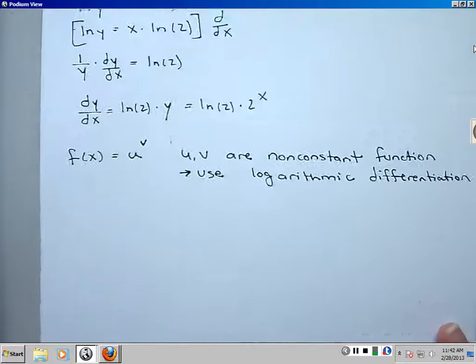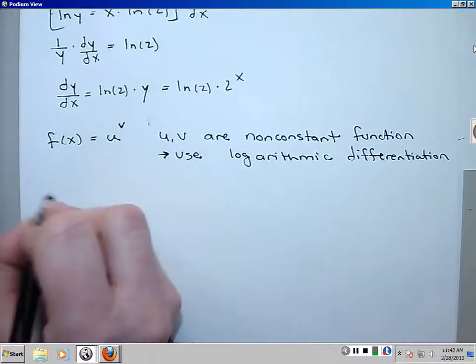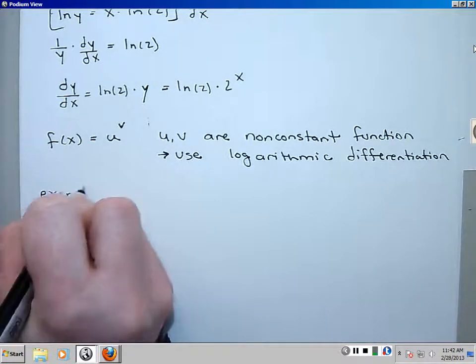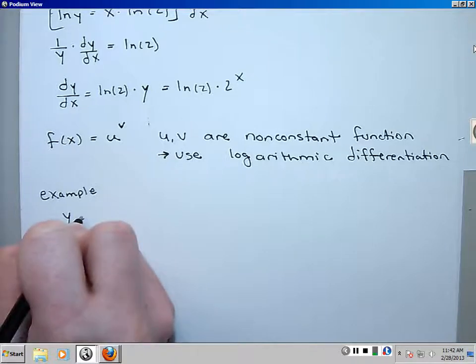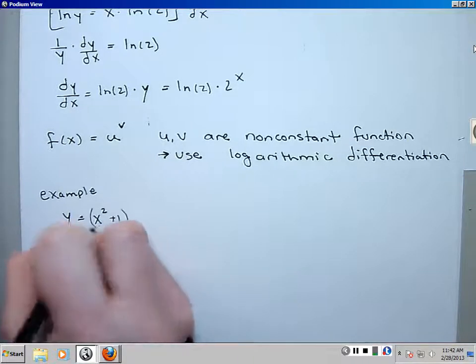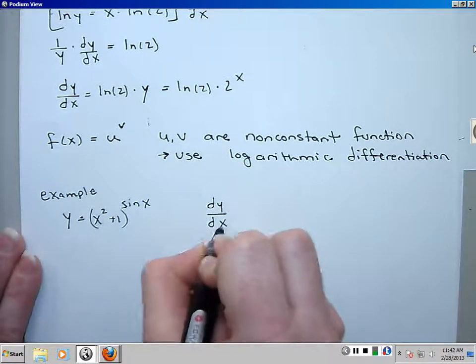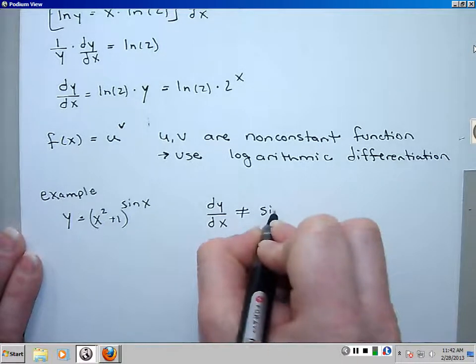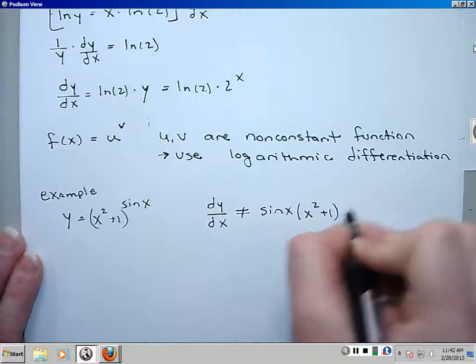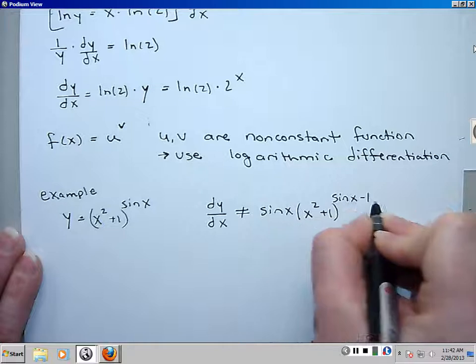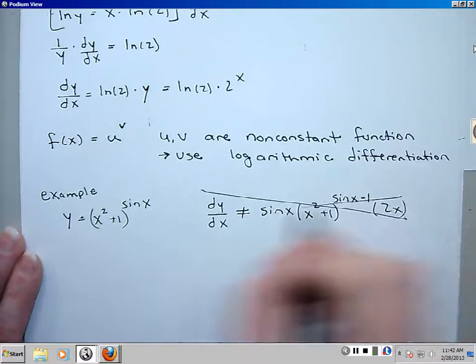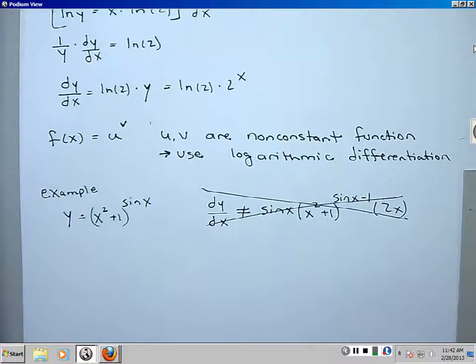Oh, sorry. So let's look at an example. y equals x squared plus 1 to the sine of x. dy over dx does not equal sine of x times x squared plus 1 to the sine of x minus 1 times 2x. Don't do that. The power rule only works when your power is a number, not a function, right?